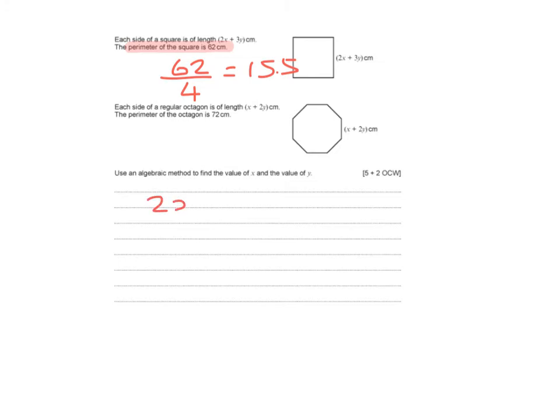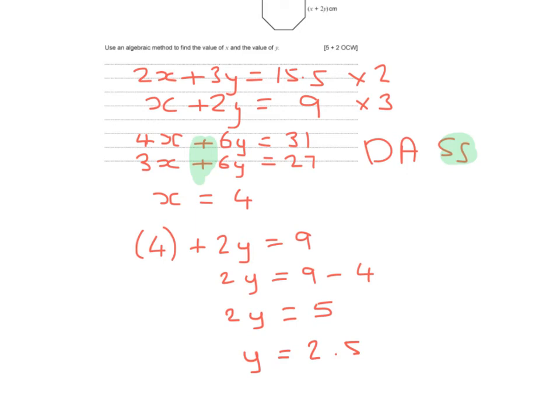So 2x plus 3y equals 15.5. And I've got x plus 2y would be equal to 9. So we should have had a solution of x equals 4 and y equals 2.5.